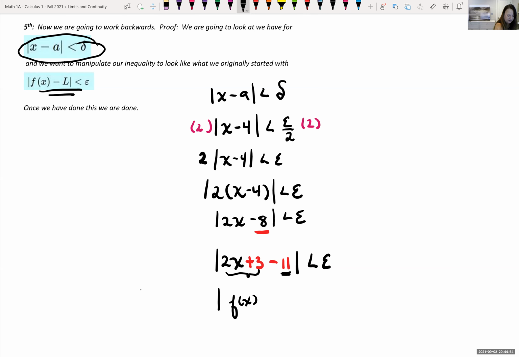This is our L value. It's less than epsilon. So we choose some delta to equal half of what epsilon is, and that will guarantee us that we're going to fall in that epsilon neighborhood.